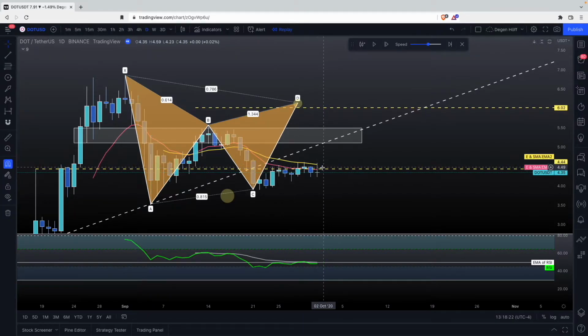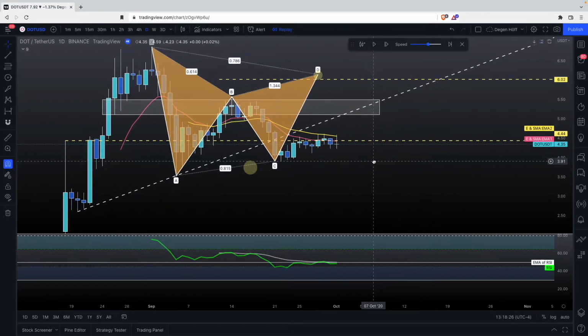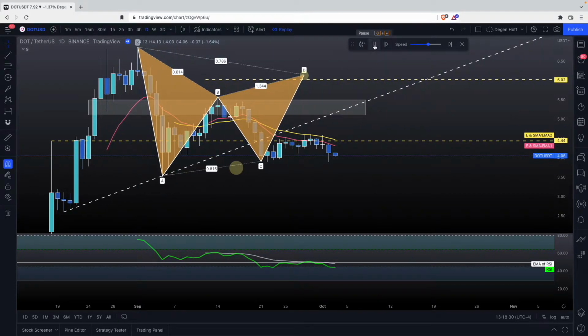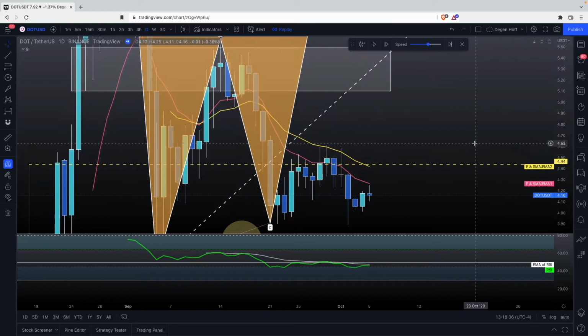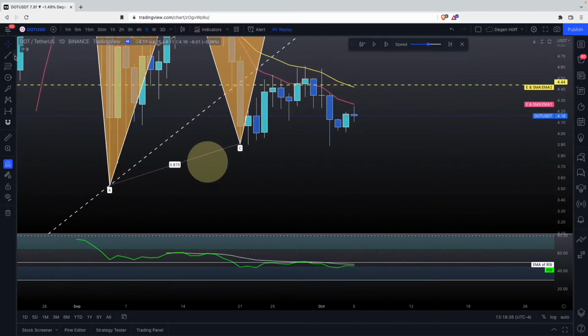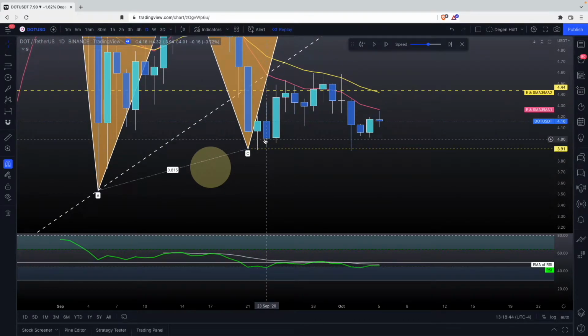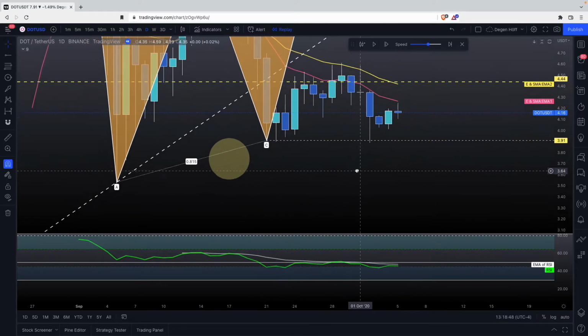If it gets over here, this is the target. We're going there for sure. So they took liquidity out on that move. See, that was the wick low, with a lot of buyers entering here, so there's a lot of liquidity built up in that area.